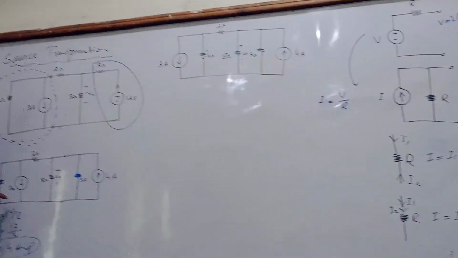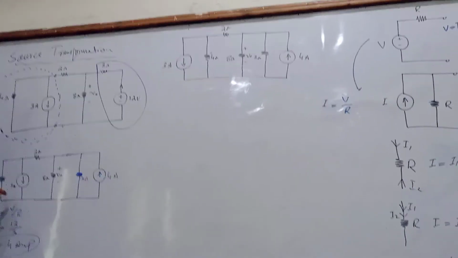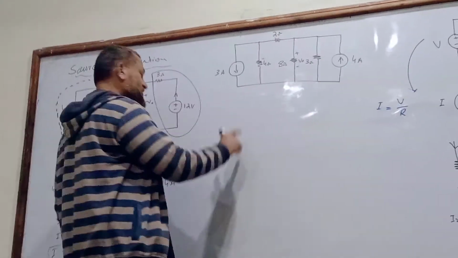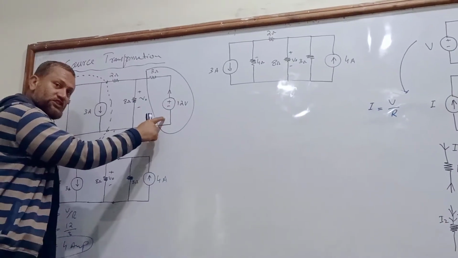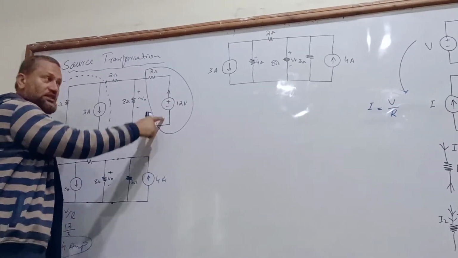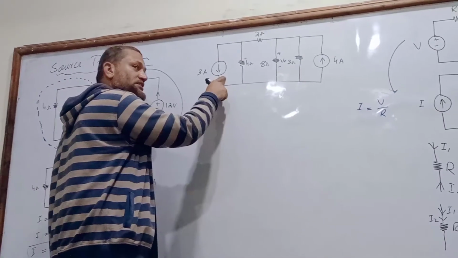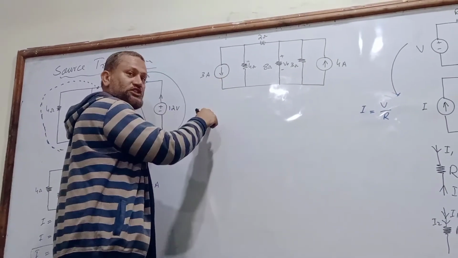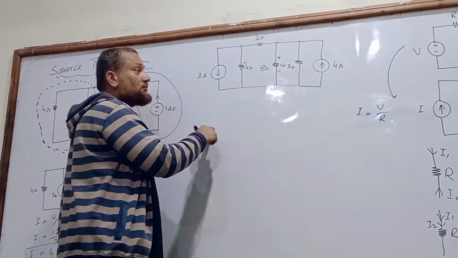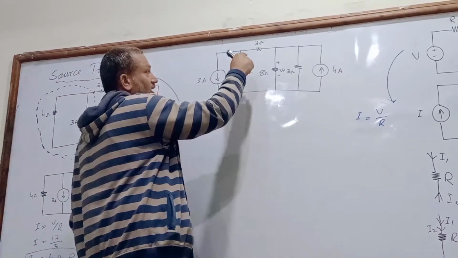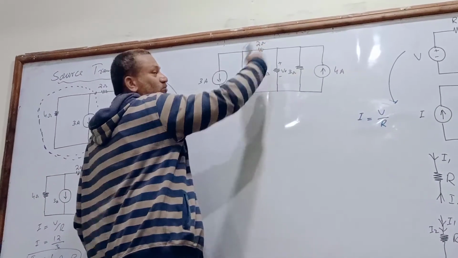And how about this one? If I transform this voltage source to a current source, and now I change this current source into a voltage source. Why? Because I am interested in adding up these two resistances.